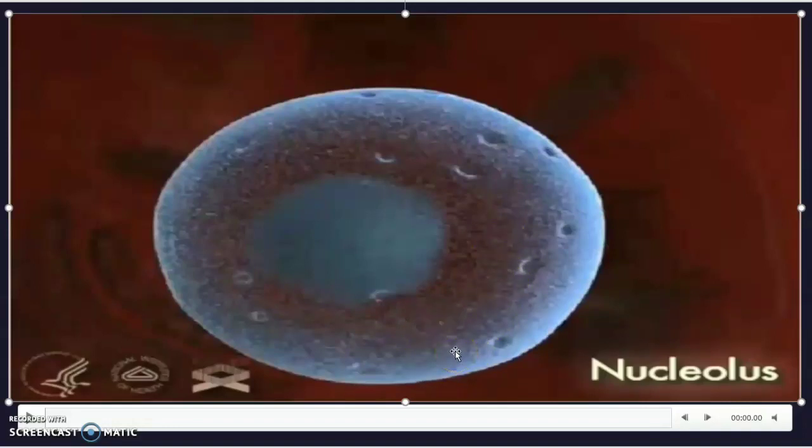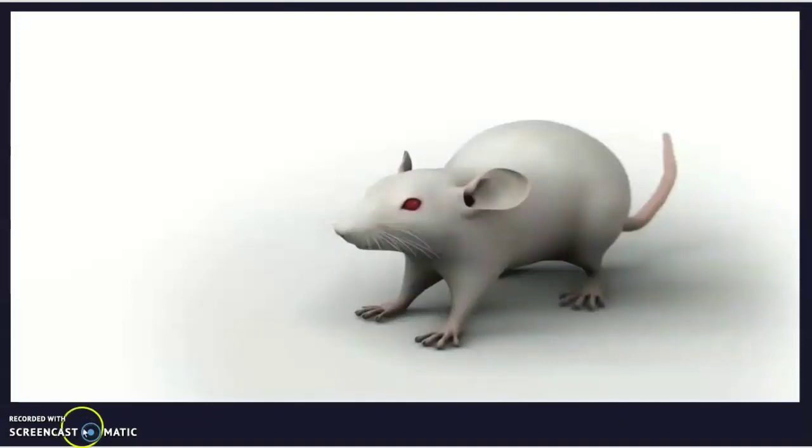That fluid is called nucleoplasm, and the filaments or fibers present in this nucleus are called the genetic material. Based on the nuclear membrane, the cells of living organisms are divided into two types. I will show you that with the help of this video.